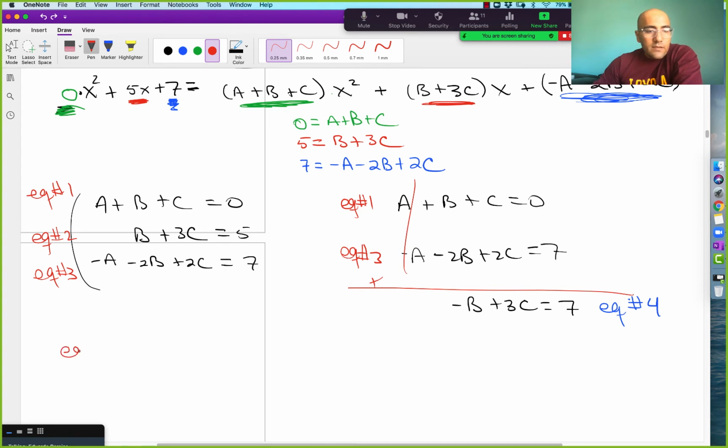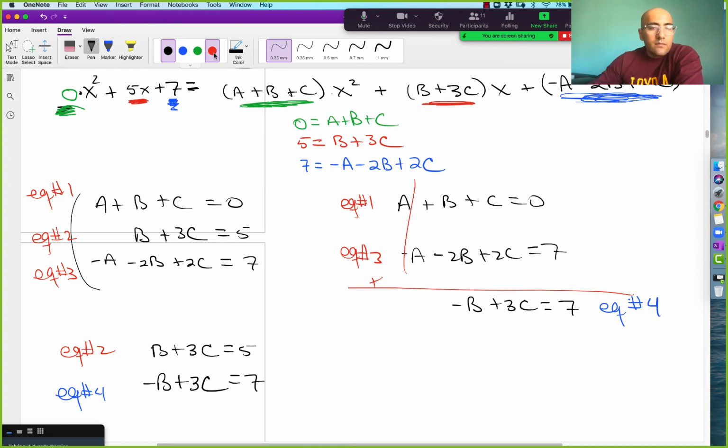So now I'm going to take equation number 2, which is b plus 3c equals 5. And then I'm going to take equation number 4, which we just discovered, which is minus b plus 3c equals 7.